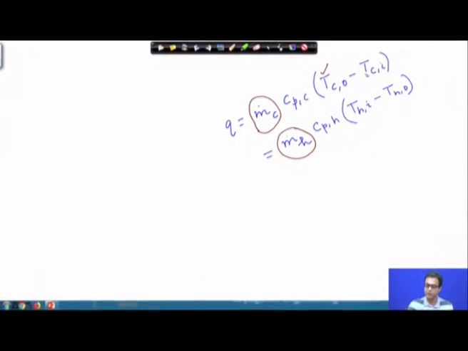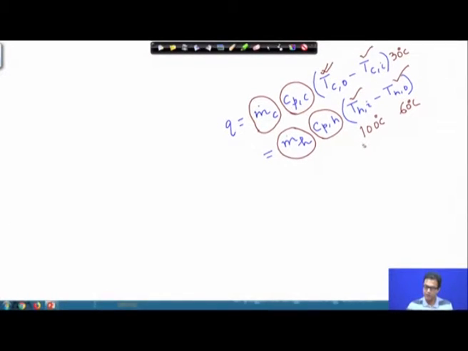T C out is to be found out, and T hot in is known. T hot out is expected to be 60 degree centigrade. So, T hot in is 100 degree centigrade, T C in is 30 degree centigrade. What we do not know is T C out, the cold exit temperature, and the property values of the hot and cold fluid are supposed to be known to us.